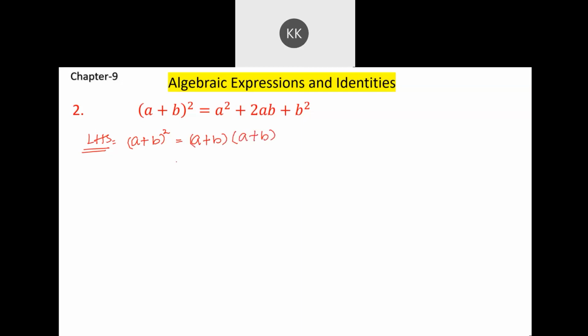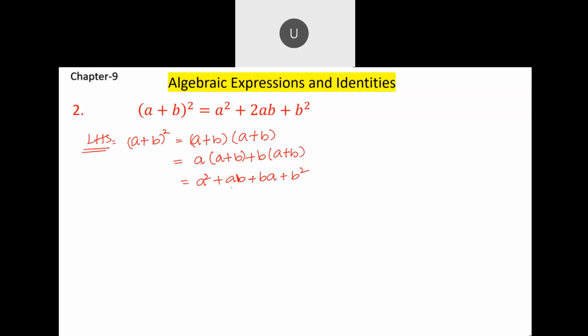Now use the same rule of multiplication. A is to be multiplied to a plus b, b is to be multiplied to a plus b. A times a is a square, a times b is ab, b times a is ba, which is same as ab, b times b is b square.